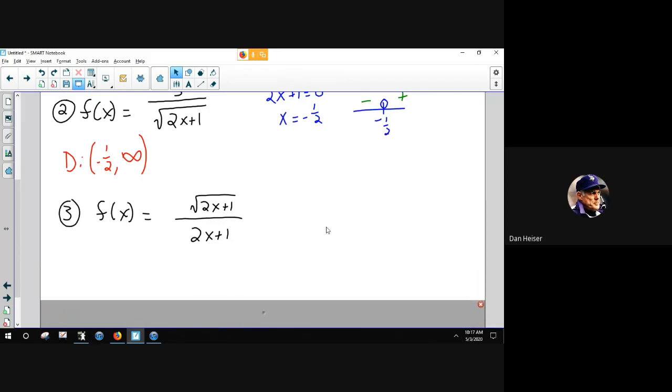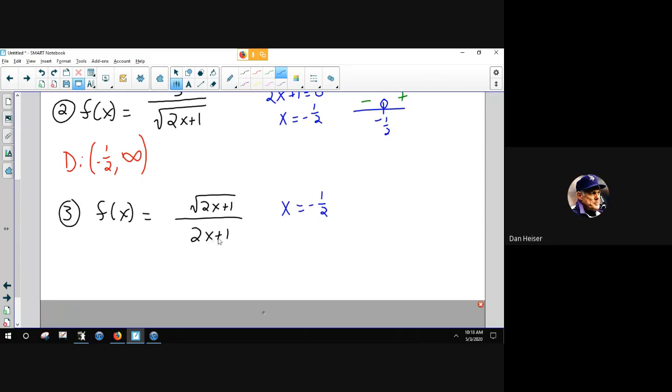Let's make it even more interesting. So I have my square root, 2x plus 1. I know that has to be 0 or a positive, but I also have a denominator. So again, negative 1/2 works for the square root.